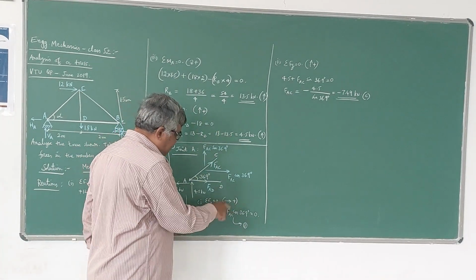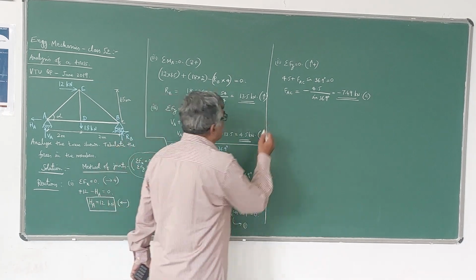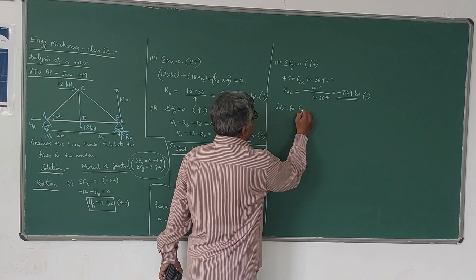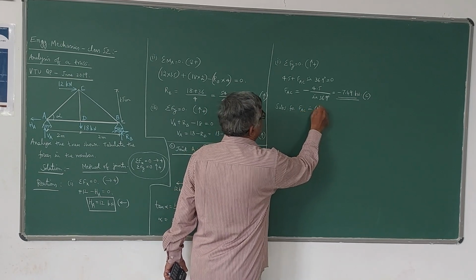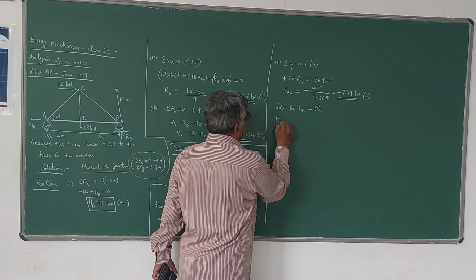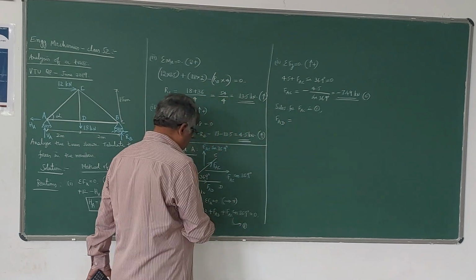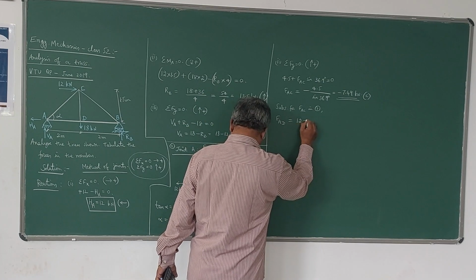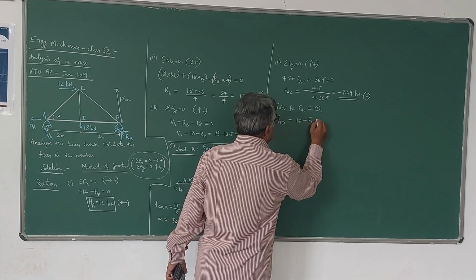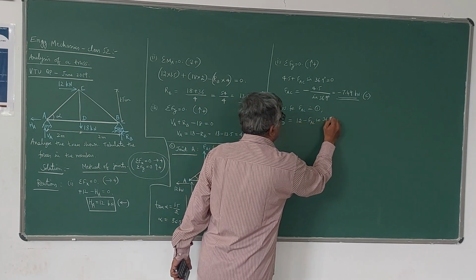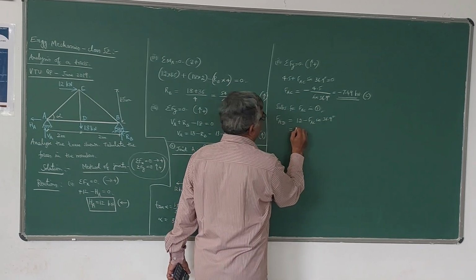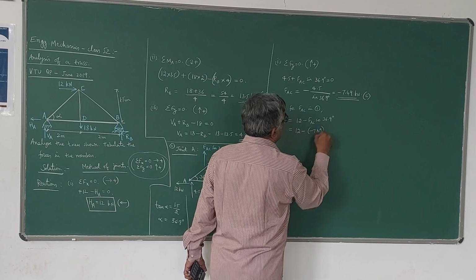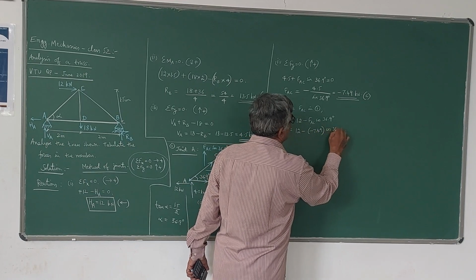Anyway, we substitute that value in equation 1 to get FAD. Substituting for FAC in equation 1, you will get FAD. FAD will be equal to, if you bring 12 to the other side, it becomes plus 12 minus FAC cos 36.9, which is 12 minus of minus 7.49 into cos 36.9.